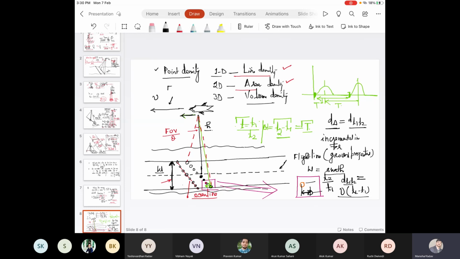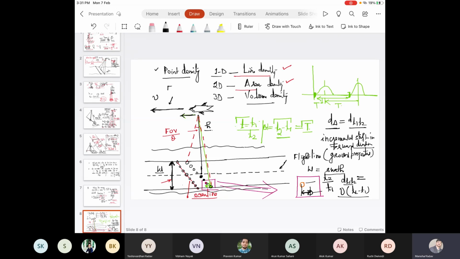Forward direction, I'm assuming, is the direction of the moving aircraft. So this is the reason why this scan line is not a vertical line, it's a slant line.